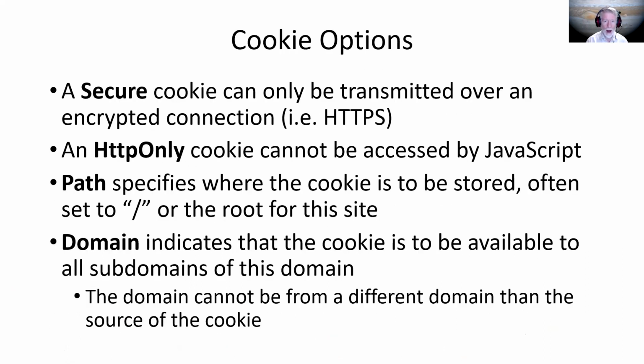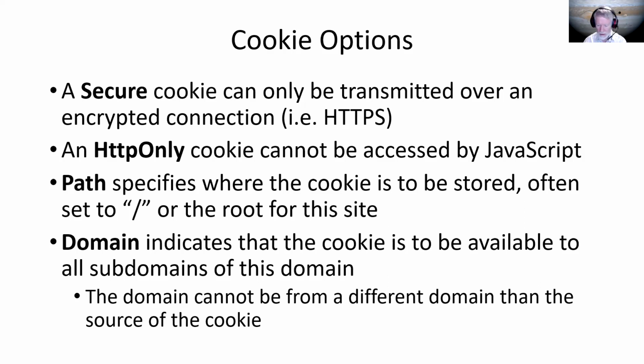There are several options a cookie can have. Most of the options are a name equals value pair. So you have some sort of identifying name, and you can make up any name you want when you're creating the cookie on the server side, and then set the cookie value to that name, and it will come across as the cookie's name equals and then the value and a semicolon.